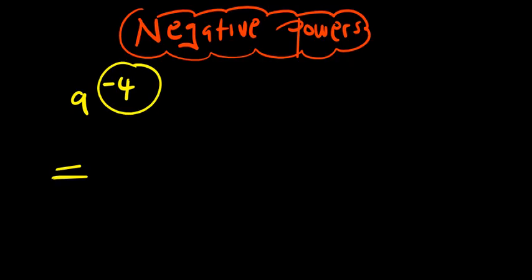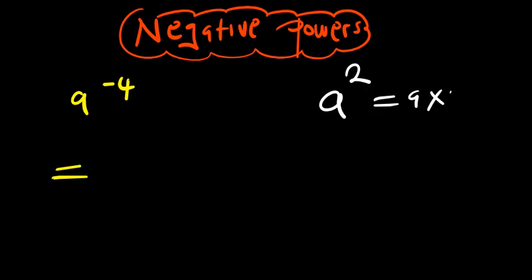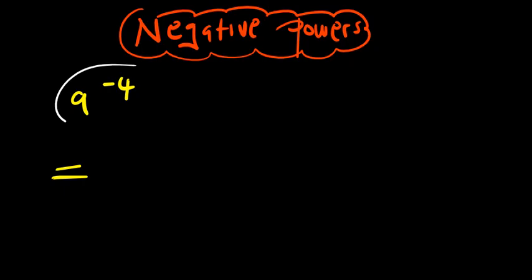So what this means is that, remember we were solving where we didn't have any negative. We had questions like a to the power 2. A to the power 2 just means a times a. What if we say now it is a to the power negative 2? Now the power is a negative. So what do you do? So let's solve this question. A to the power negative 4.